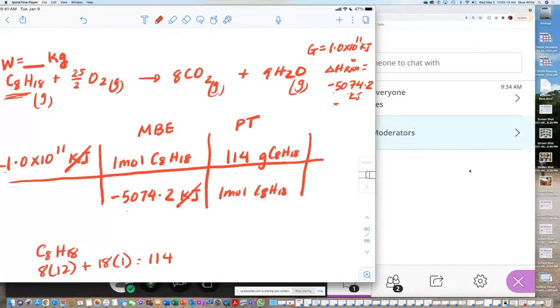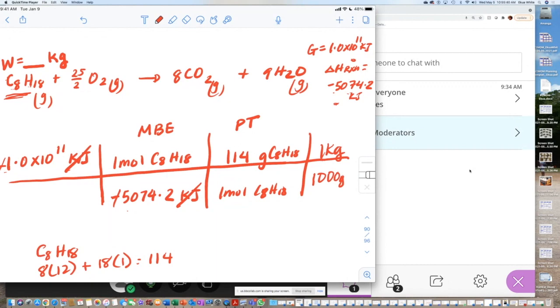Okay, but they said take it to kilograms, so we can't stop here. We have to take it all the way to kilograms. So 1,000 grams down here, 1 kilogram right here. Finally, we're there. Now we can do our maths. So see, the negative and the negative cancel out here. Now we're finally ready. Am I excited? Yeah, I'm ready to get to the answer.